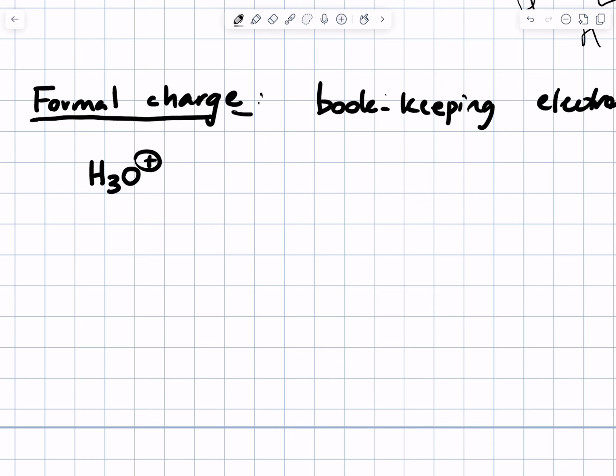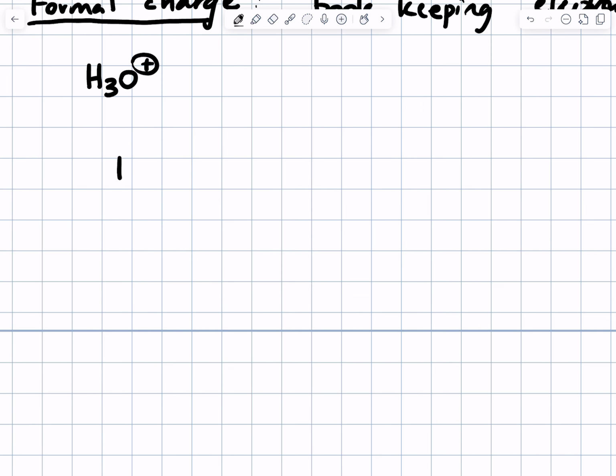Now that takes forever to do, and we need something faster, so there's a method called assigning formal charge that will get us to the right answer. So let me show you how we would do this. Let's draw the Lewis structure of H3O plus.